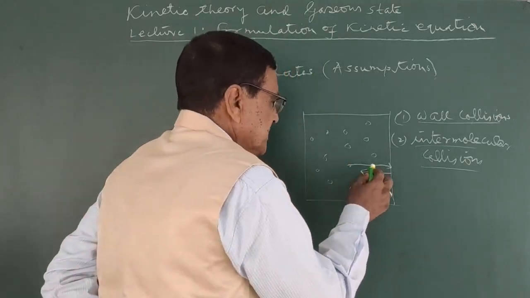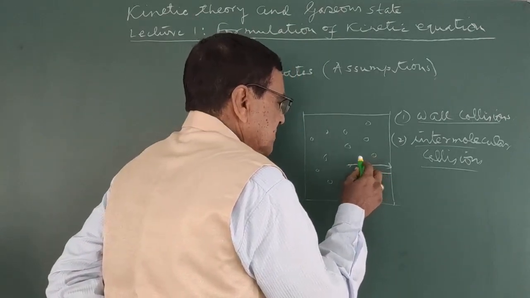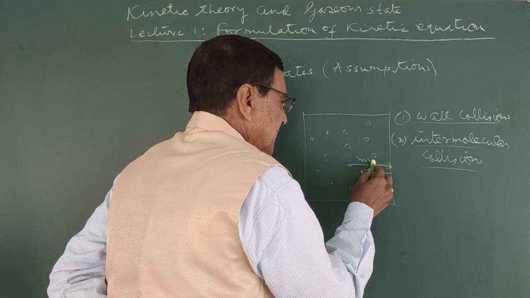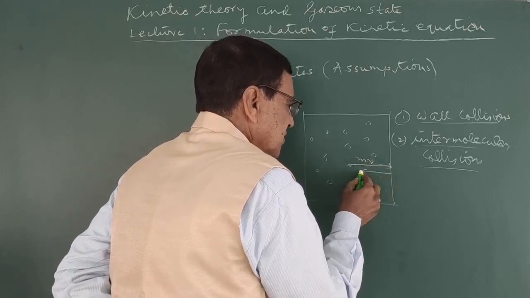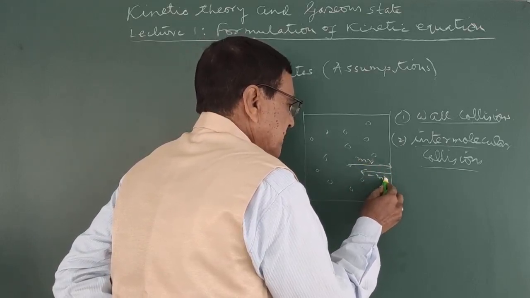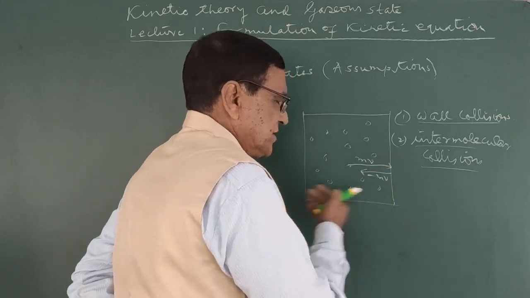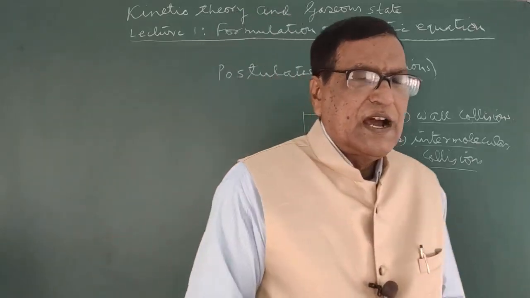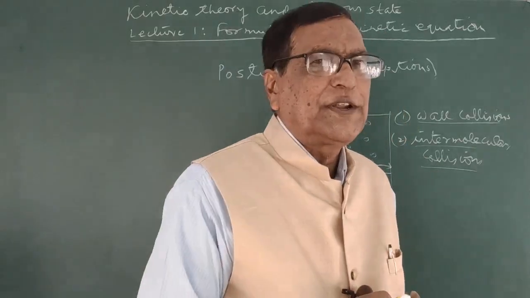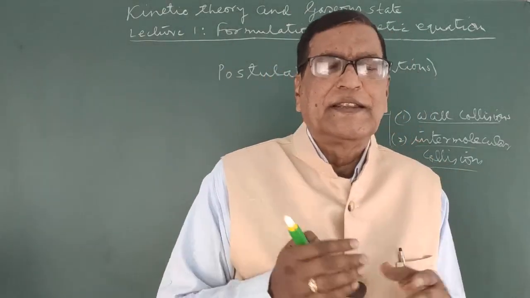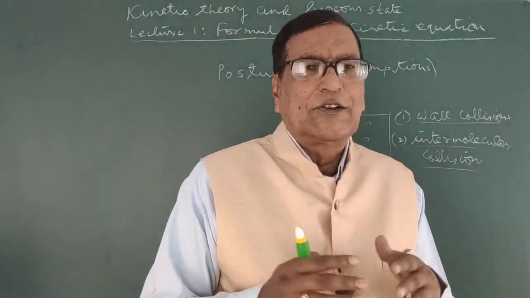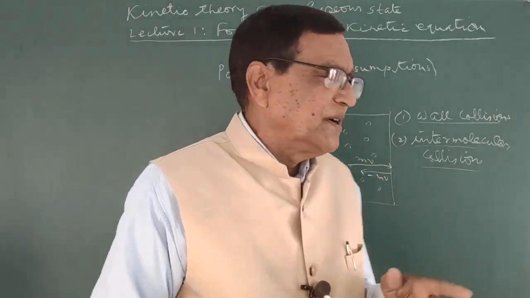So if this one, the momentum is mv, then this one will be minus mv. Velocity is a vector quantity. It has a sign, a magnitude and also a direction.